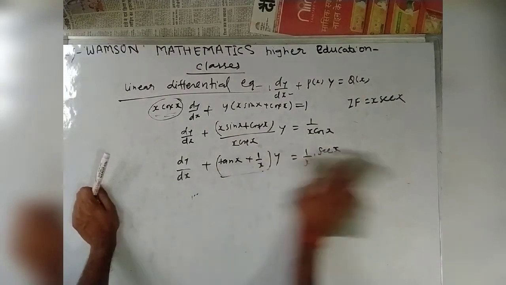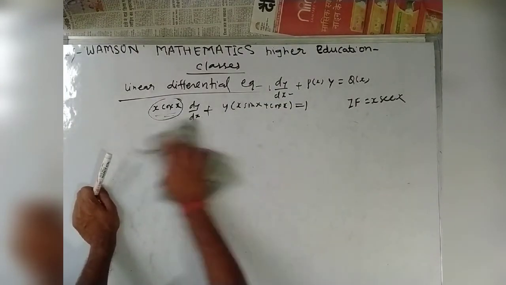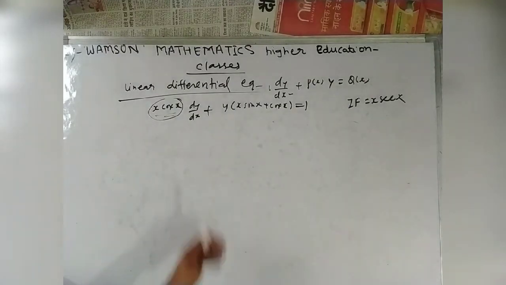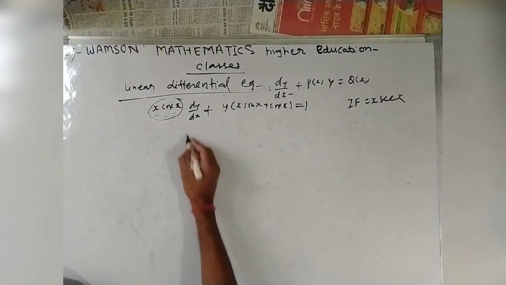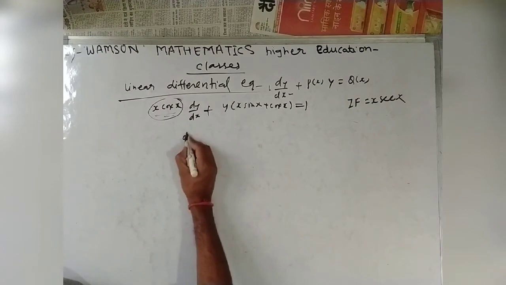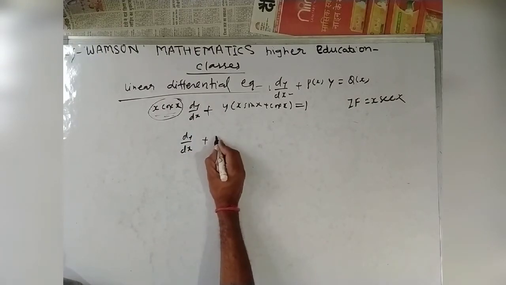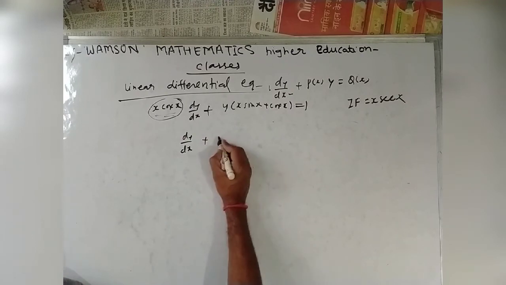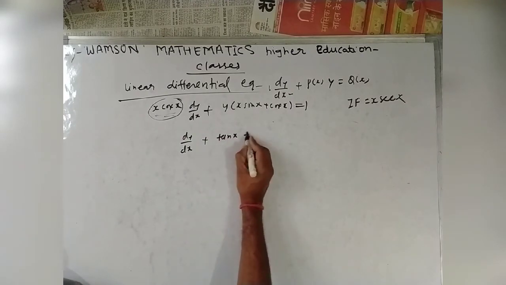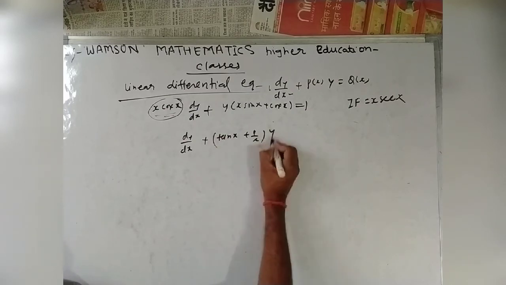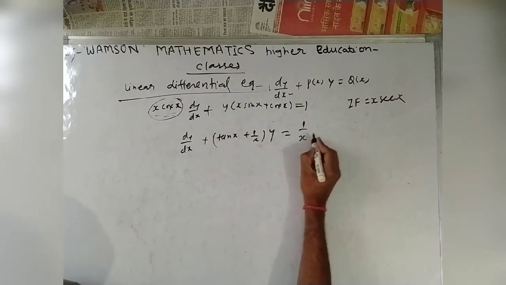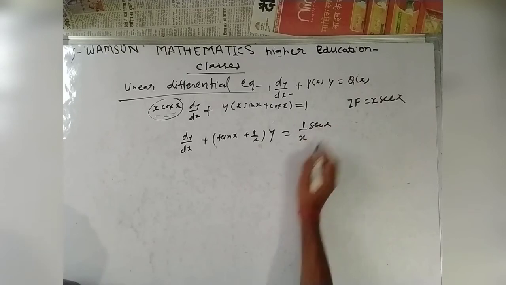So what is our working rule? Now multiply: dy by dx plus tan x plus 1 by x times y equals 1 upon x sec x.